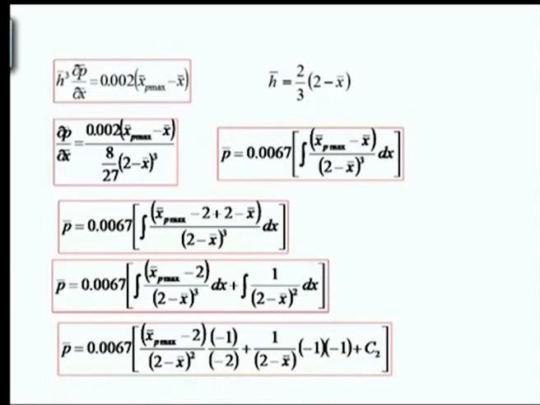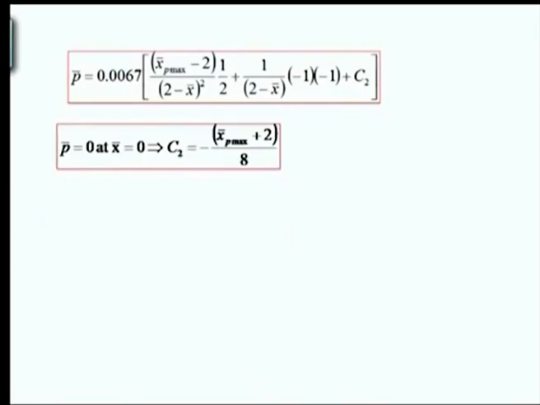Now, I can rearrange this equation, and we can say this is the overall equation in terms of x bar, or this equation expresses pressure in terms of x bar. Rearrangement can be done. However, we have one value, x bar p max, which is not known to us. So, what can we do?